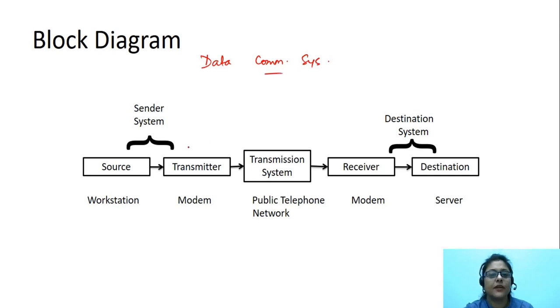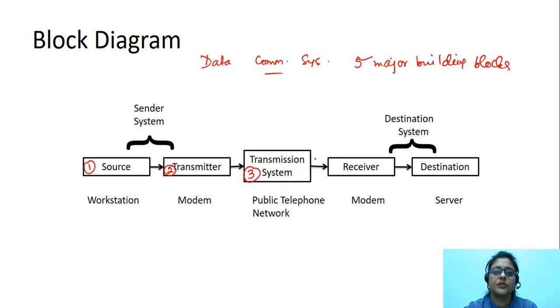As seen from the diagram, a data communication system consists of 5 major building blocks. Now what are they? They are the source, number 2, transmitter, number 3, transmission system, number 4, receiver, and number 5, destination.